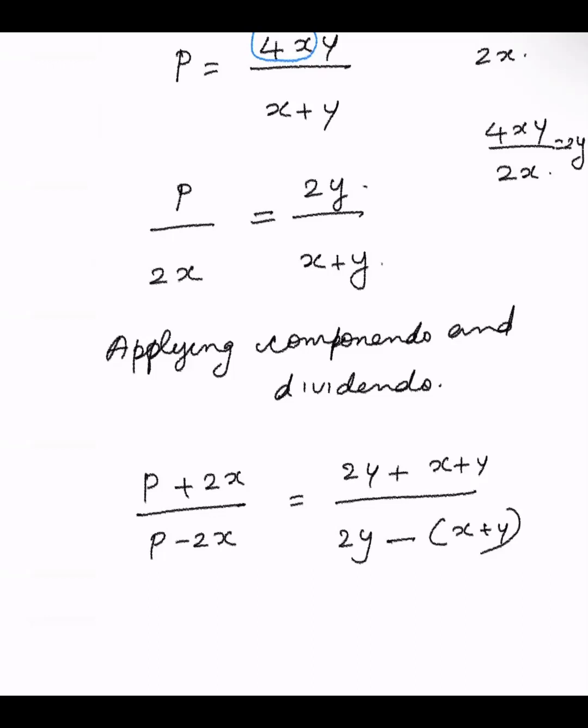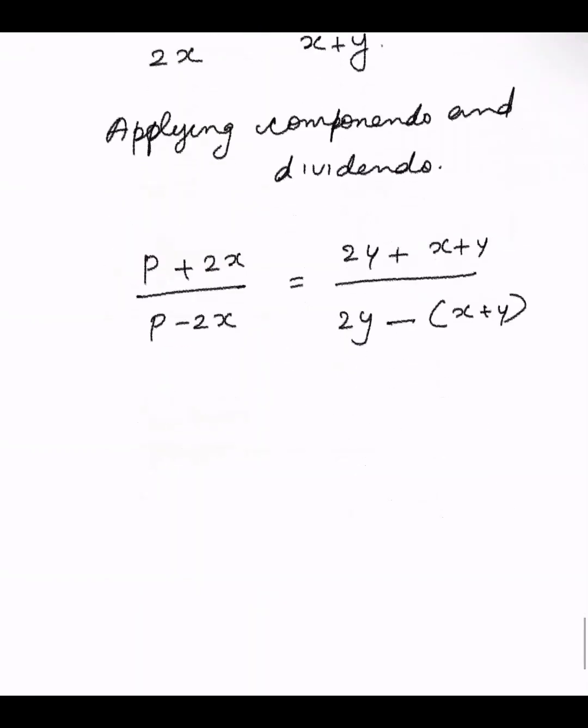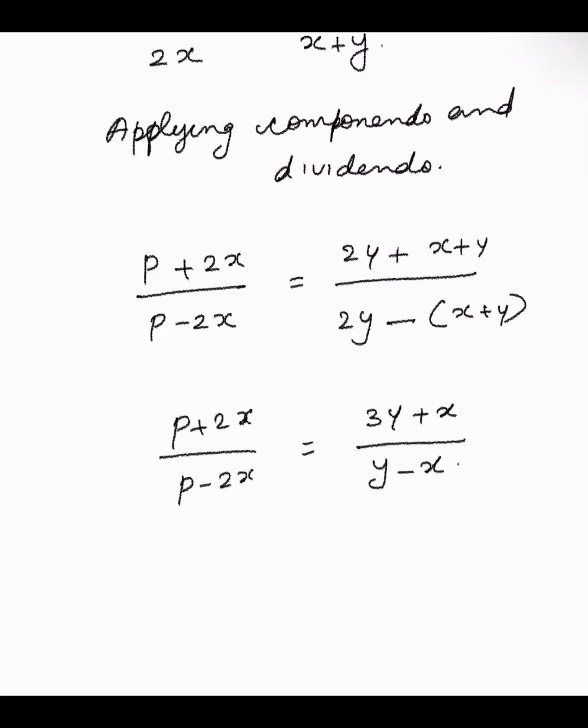So this was C, this is D. Now write it: P plus 2x divided by P minus 2x equal to 3y plus x divided by y minus x. This is what I'm getting, and put equation number 1 for this.